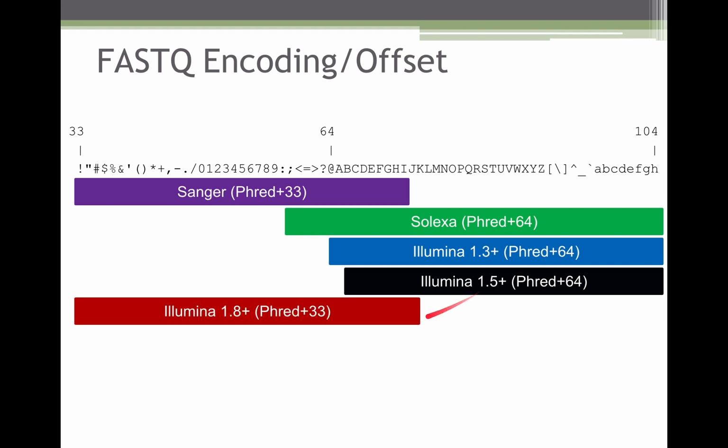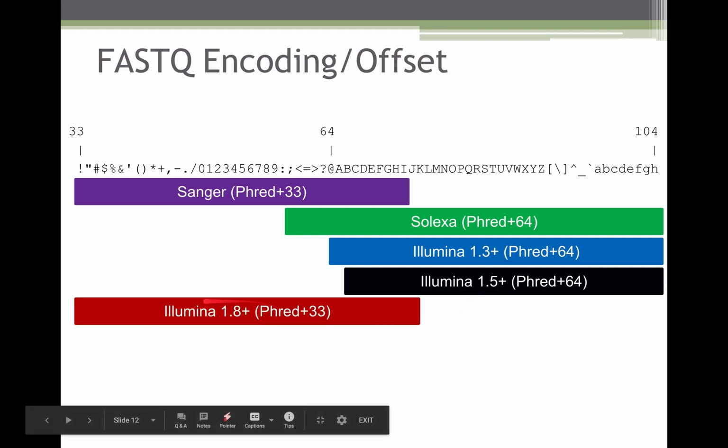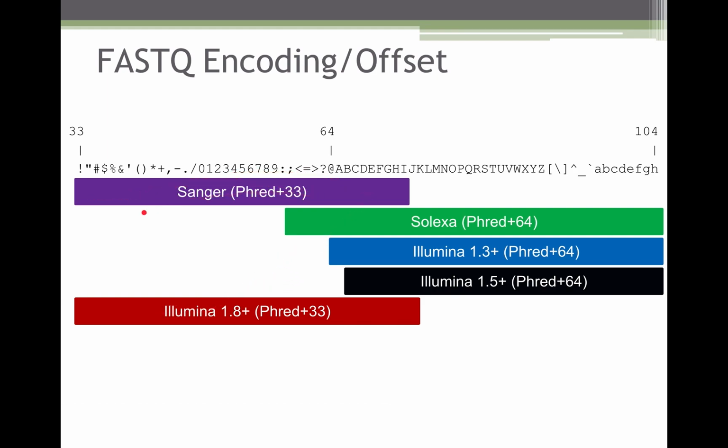But the good news is that all of the current Illumina data has gone back to following the original Sanger scale. I don't know the reason why they kept changing this scale, but I think now it's all back to the original Sanger scale, and you should be aware that there have been different quality scales that have existed, just in case you're using some old data generated through one of these platforms.